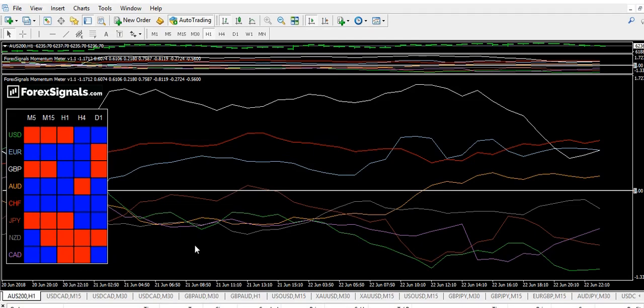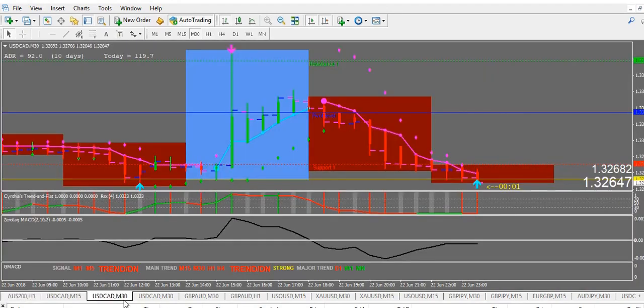Let's look at the USD card, which I traded on Friday. As you can see, these tools have this special color coded into them. The first thing you see is these boxes, the red and blue boxes.